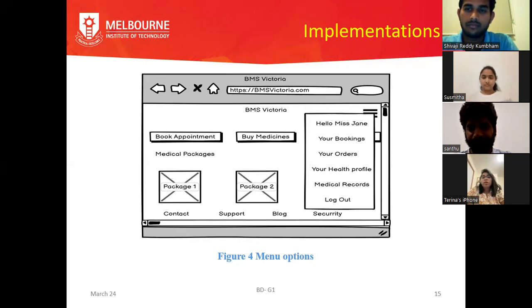If the user is buying any medicines, all the order details will be displayed in your orders. And about the healthcare profile, when you register, we are going to collect all the details, like if the user has diabetes or any other issues, at the time of the registration. All these details will be displayed here.